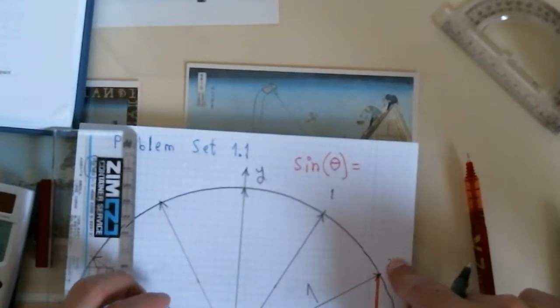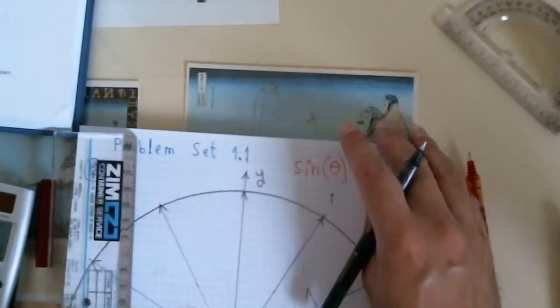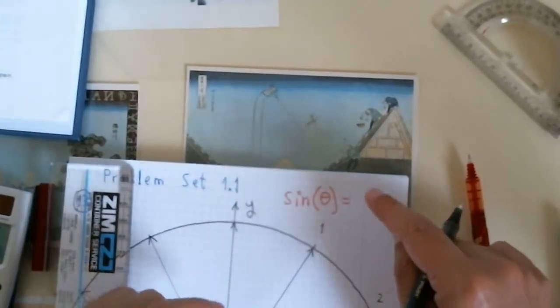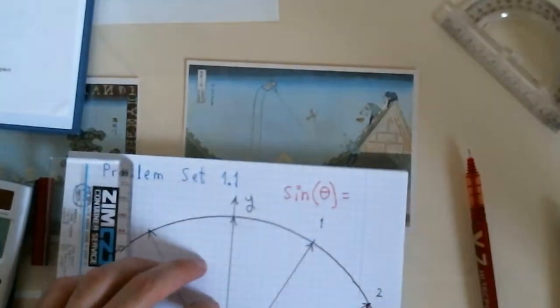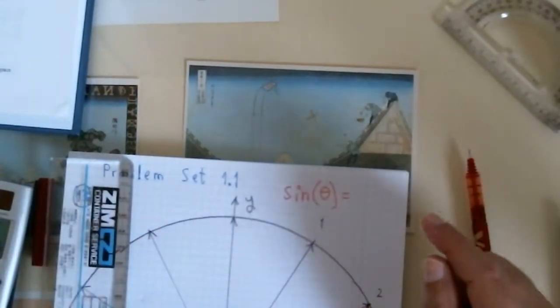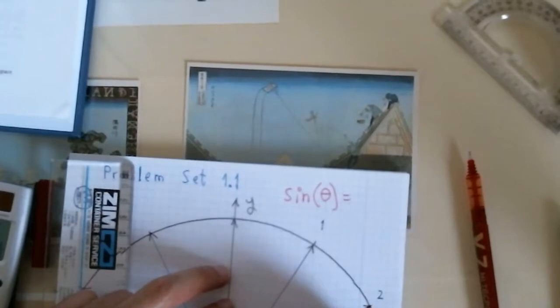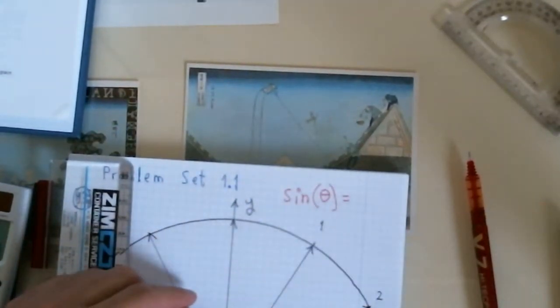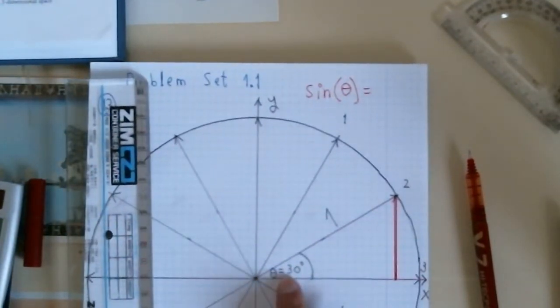So this is 1. This side of the circle is, or let me say it in another way, sine theta, if this is theta, theta equals 30 in our case. This is the angle. The angle theta equals 30 in our case.